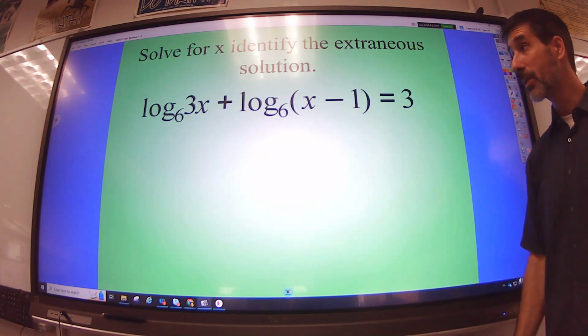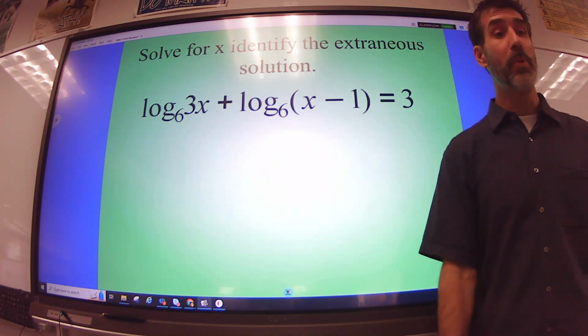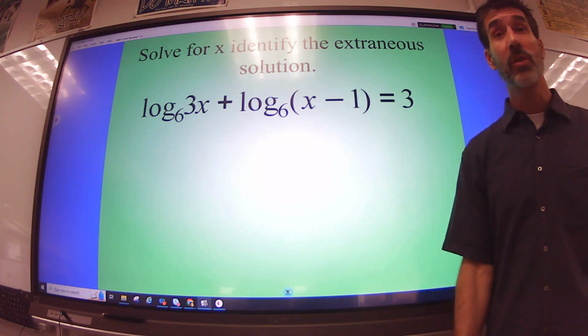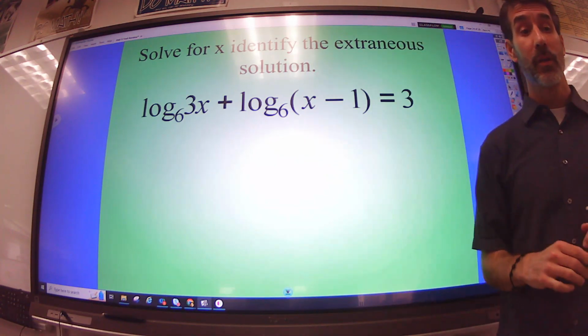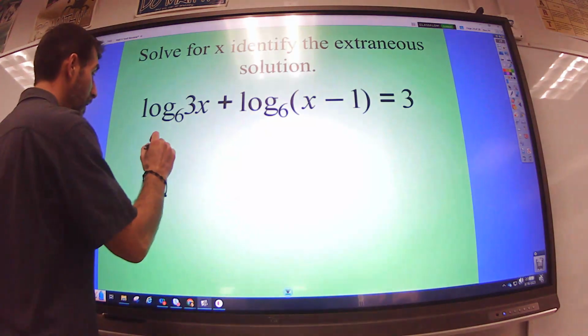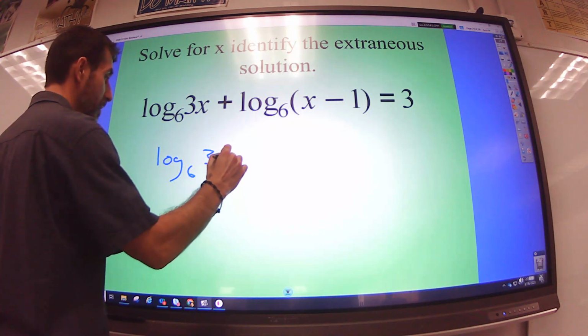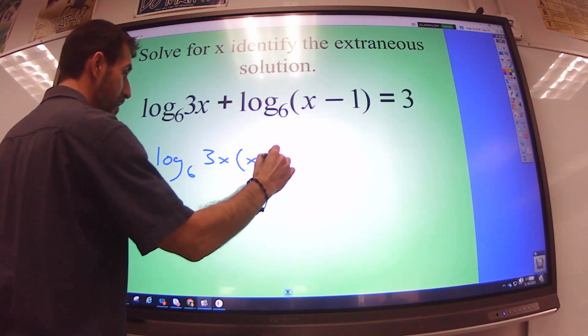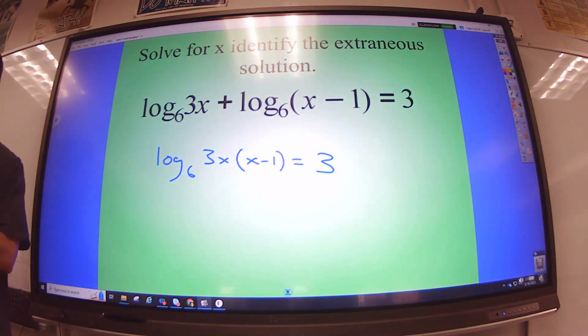Log base 6 of 3x times x minus 1 equals 3. Using the product property, instead of log base 6 of 3x plus log base 6 of x minus 1, I can just do one log base 6 and multiply those together, right? That's what the product property tells me.